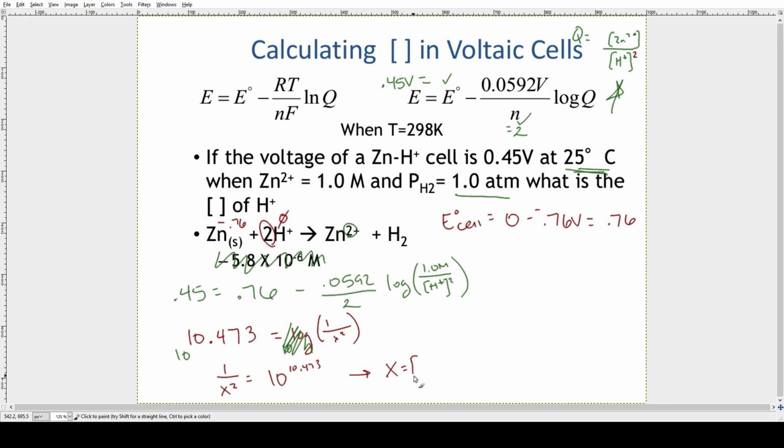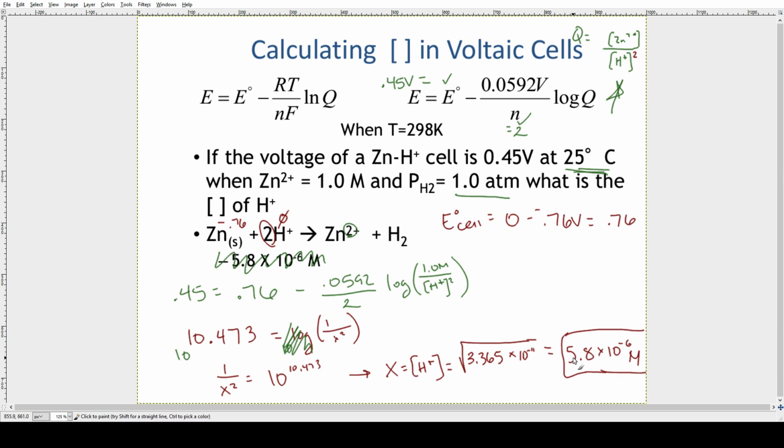X is equal to the concentration of hydrogen ions, which is equal to the square root of 3.365 times 10 to the negative 11, and that gives you your answer of 5.8 times 10 to the negative 6. And remember, it's a concentration, so don't you be forgetting that M. I'll be very disappointed in you if you do. I'd forgive you, of course, but don't forget it.